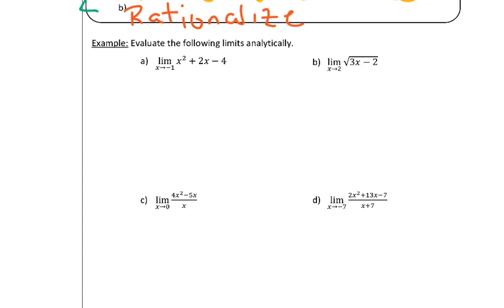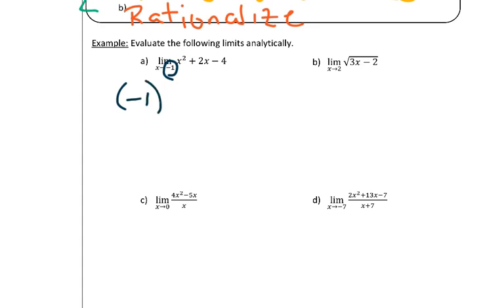All right, so let's take a look at some of these examples, and you'll see what I mean. Okay, so we're going to evaluate these limits analytically, so no graphs, okay? And like I said, the first thing you want to do is try direct substitution. So I'm looking at this first example here, and we're looking for the limit as x approaches -1 of that function. So if I'm going to try direct substitution, it's exactly as it sounds. If it's approaching -1, let's see what happens when it actually is -1.